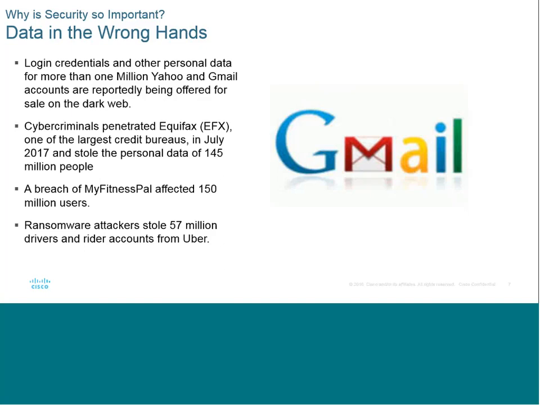The accounts are not from a single data breach. Instead, several major cyber attacks are believed to have been behind it. Also, cyber criminals penetrated Equifax, EFX, one of the largest credit bureaus, in July 2017, and stole the personal data of 145 million people.